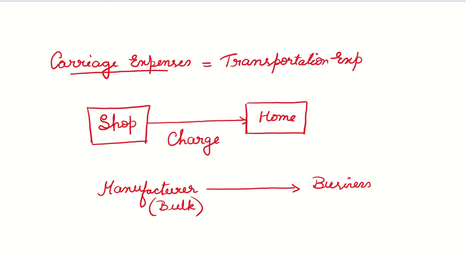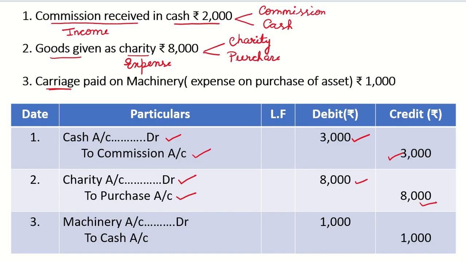So he will transport those goods by his vehicle to the business, and he will charge some amount for that. That is known as carriage expenses or transportation expenses. Fine. So let's go to the entry now.